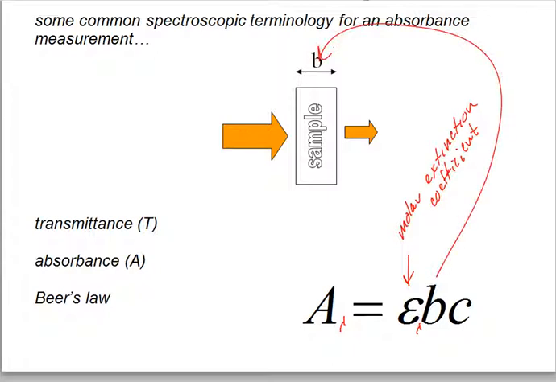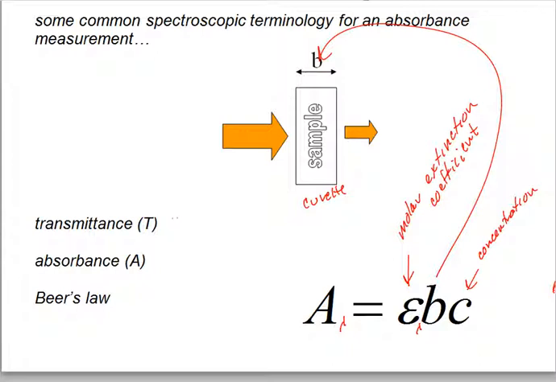Because this is our cuvette. You slide it into the UV-vis. You need some kind of path length. That's B. And C is the, does anybody know? What else would increase absorbance? Concentration. Perfect. Concentrations. Okay.